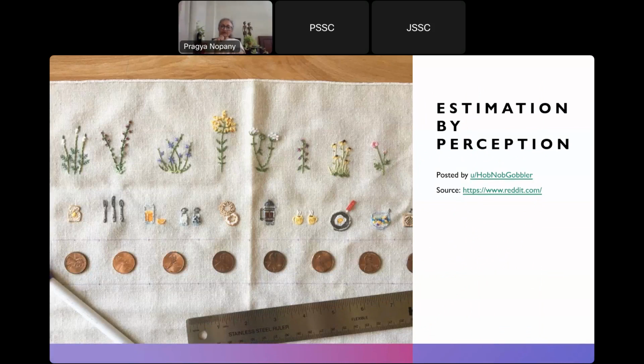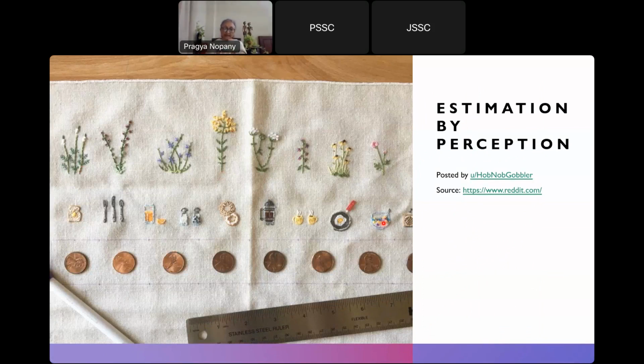Now the chapter also talks about estimation. So here is one example of artistic estimation. You see, the children are embroidering these patterns, and they have not put any marks as to how they will place these patterns at equal distances.